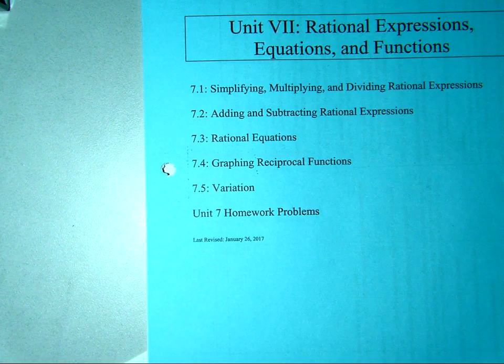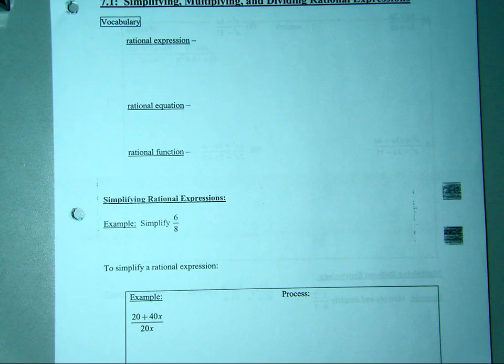Okay, we are on page 3, and we need to define these things, see what they look like, and then see how to start working with them. A rational expression is just a fraction where the numerator and denominator are polynomials.